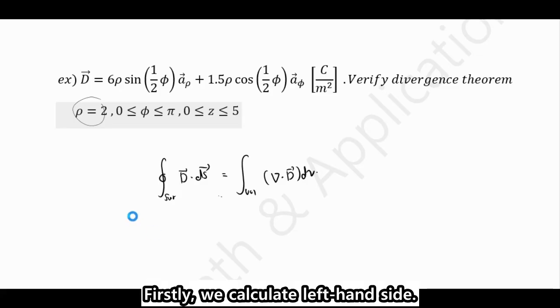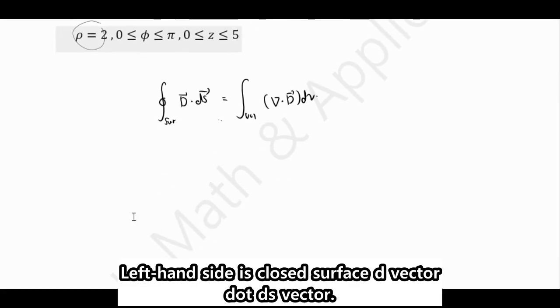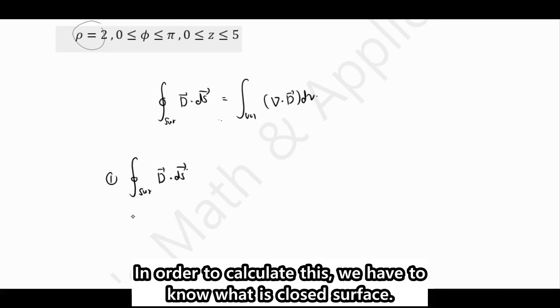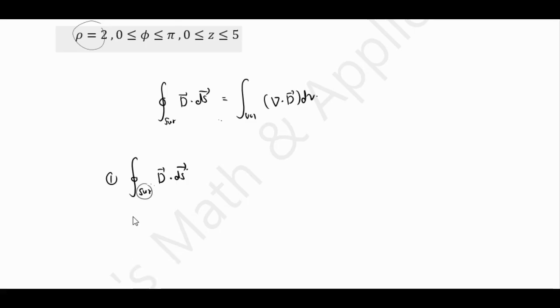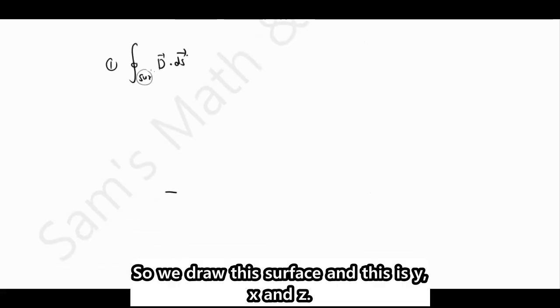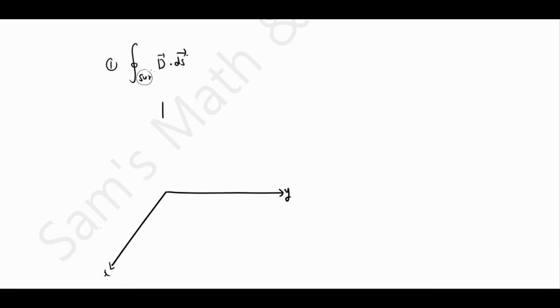Firstly, we calculate the left hand side. The left hand side is the closed surface integral of D vector dot dS vector. In order to calculate this, we have to know what the closed surface is. So we draw this surface, with axes y, x, and z.